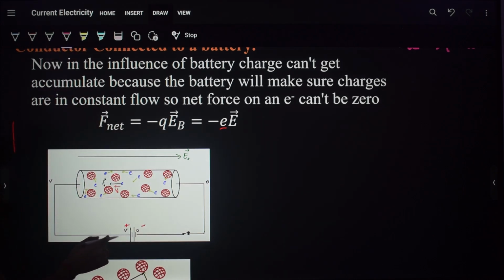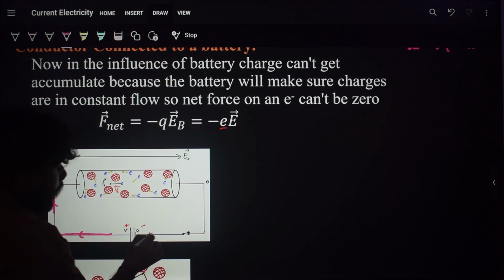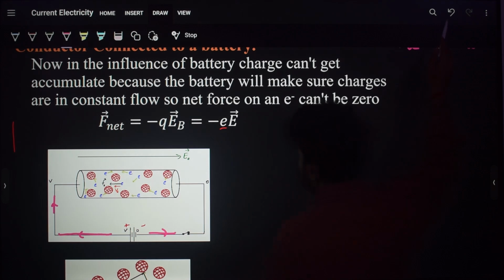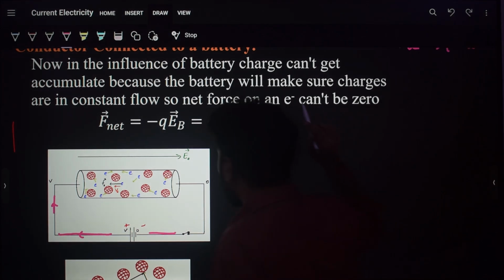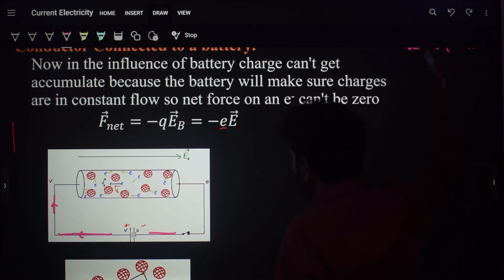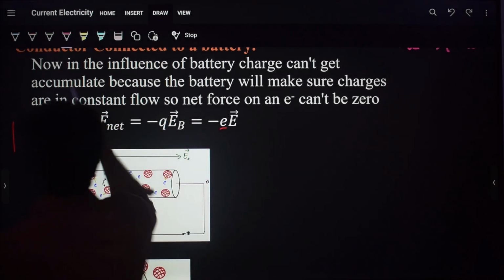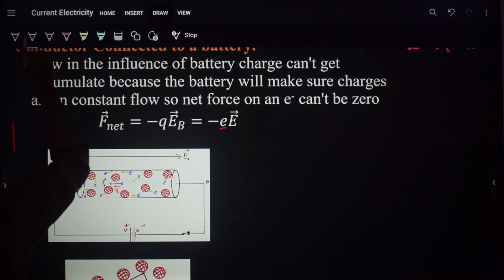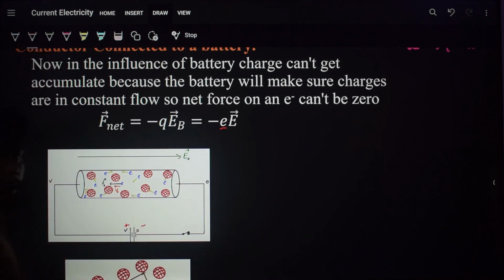The moment you connect the battery, there will be an electric field throughout the wire, through the wire till the end of the conductor, and this will be known as your electric field due to the battery.